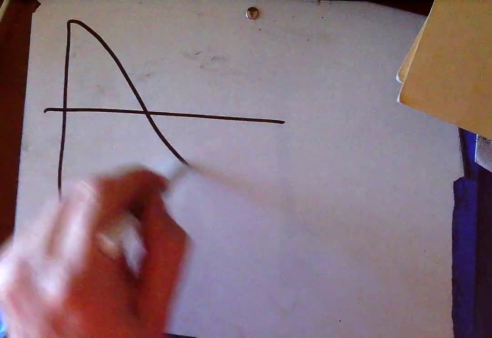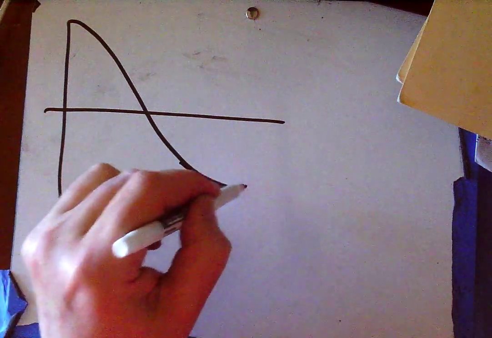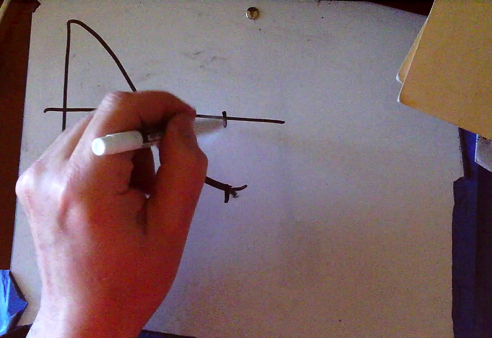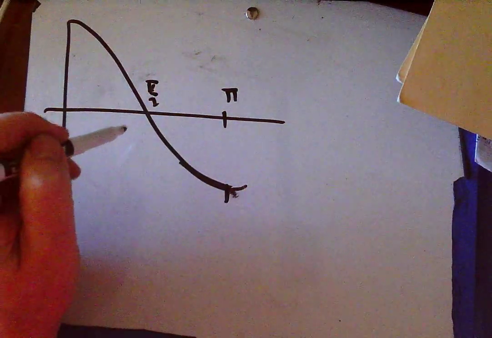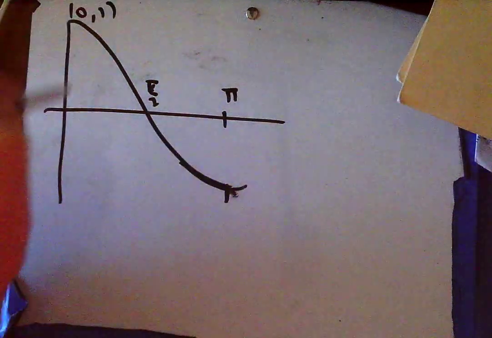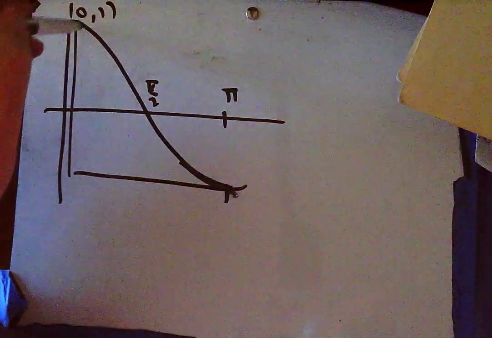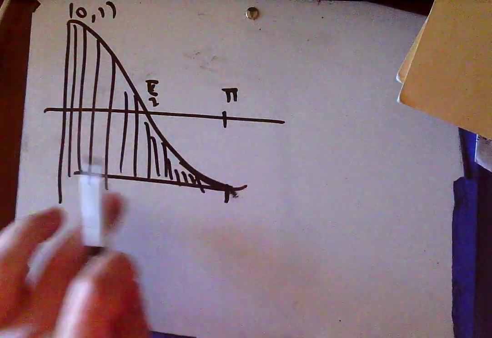Our next graph looks like this. It looks like a cosine graph. We're stopping here at pi. There's pi over 2, and there's 0, 1. And we're looking for this area. And so here's the thing.